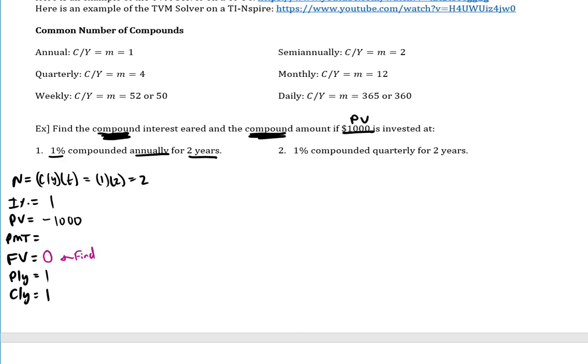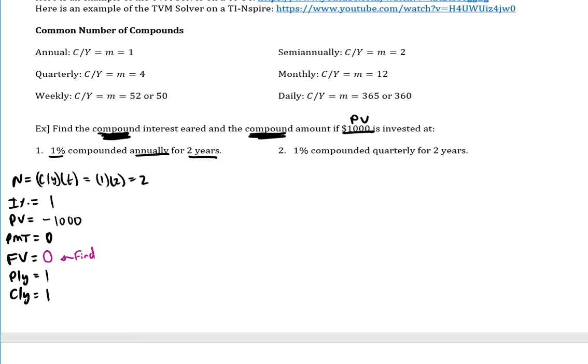In this statement it doesn't say anything about a payment. A payment would be like $500 every month or $500 every week. That's not happening. It's just one sum put into an account and then it's moved on. So the payment is also just 0. There's no payment being made.